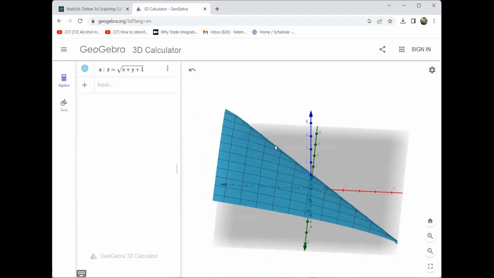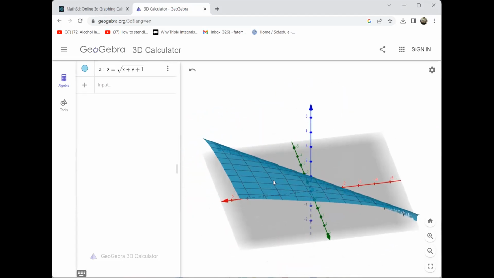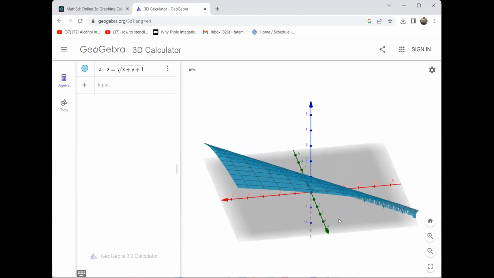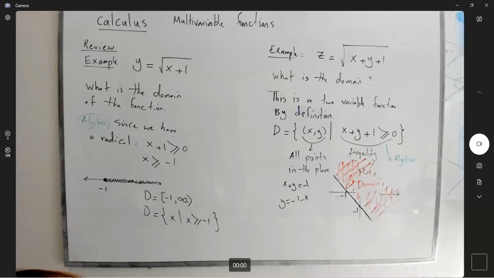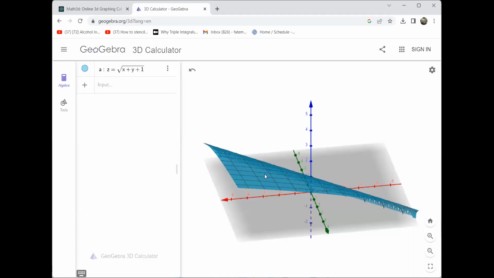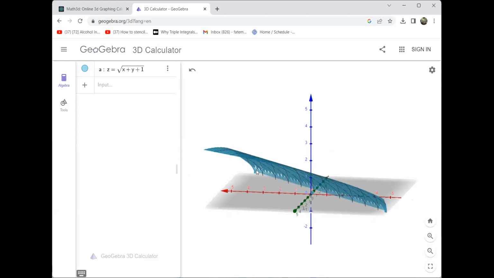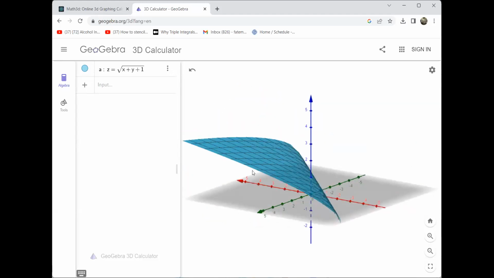So this is this object. The reflection of this object on the xy plane is the one that we graphed on the board. Take a look at the board. On the board, you have the domain in the xy plane. But to visualize this in space, to get this object, you have x, y, and z.